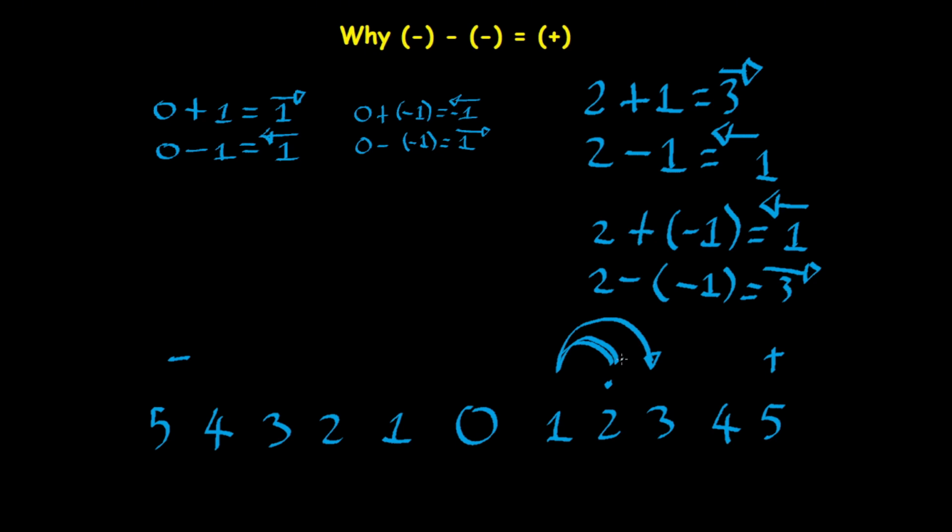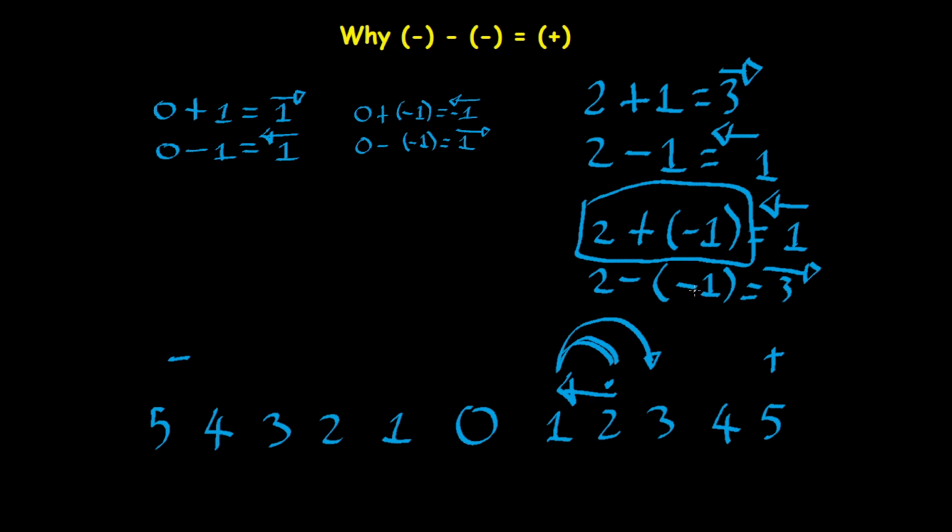Another way to see that is if we have 2 plus minus 1, we are adding a debt. So we start at the number 2 and we add minus 1, which is the same as going to the left 1 unit. That's why we get 1.